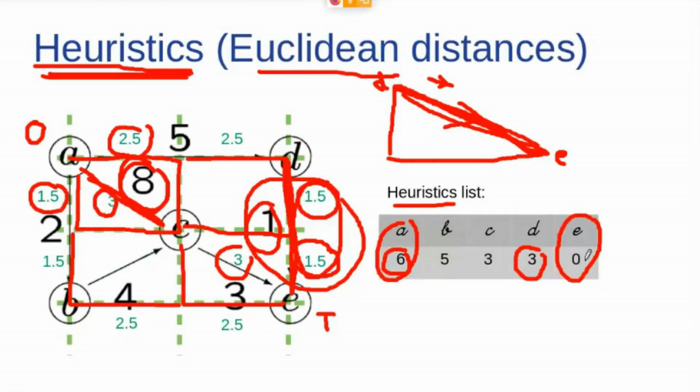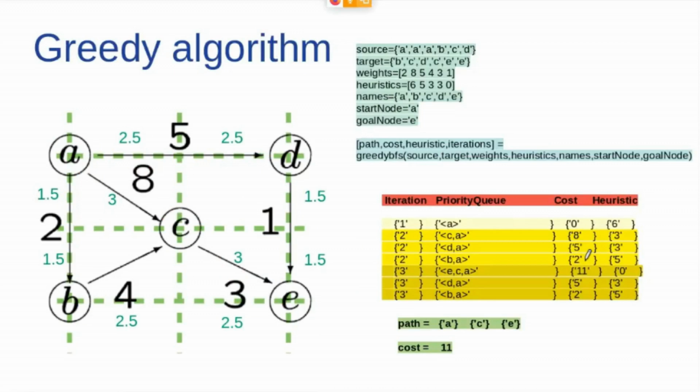right? Well, so let's now apply these heuristics on the greedy algorithm. This is the fastest and the most aggressive algorithm in order to reach the optimum path when going from the origin to the target, right? So let's consider that we want to go from A, that's the origin, and our target is E, right?